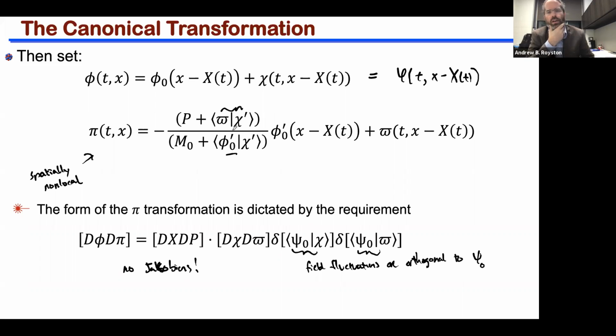So since curly pi is orthogonal to the zero mode, I can replace chi prime with curly phi prime right here for free. And then down here, this actually simplifies a little bit to the derivative of the background soliton inner product with curly phi prime. And so that's the transformation that we want to then plug in to our expression for the matrix elements. Once we've done that, we'll be able to say what soliton states are.